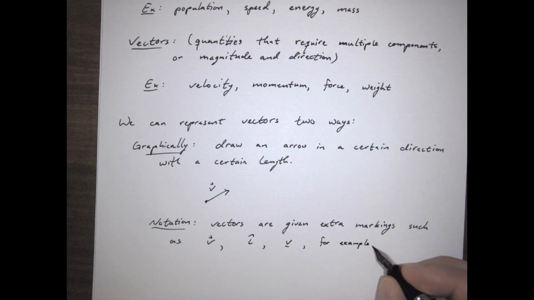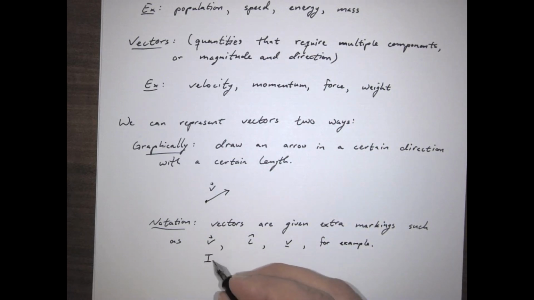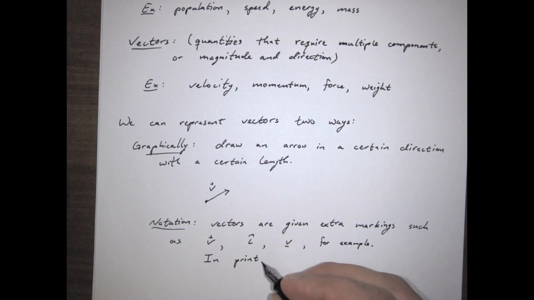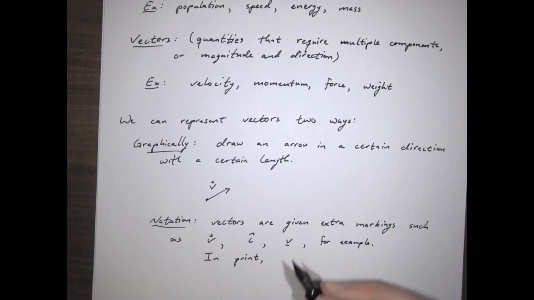For example, and in print, these extra diacritical marks aren't put. Instead, books use a bold typeface for vectors.